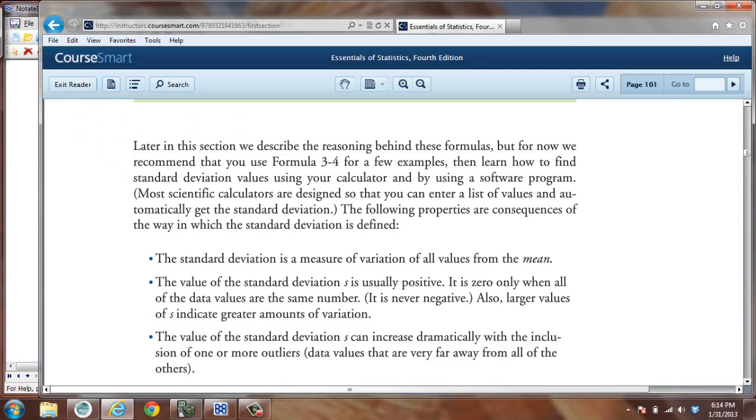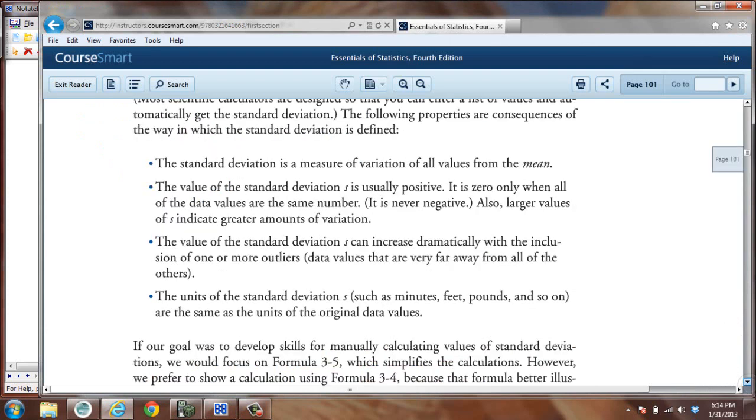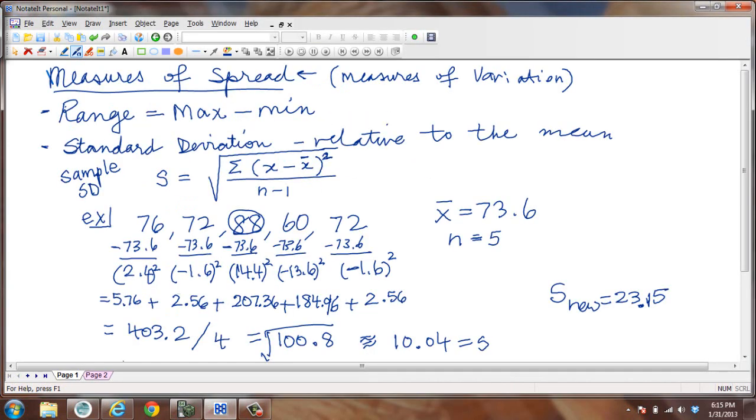And the value of the standard deviation can increase dramatically with the inclusion of one or more outliers, which we just saw. Okay? The units of the standard deviation are the same as the units of the original data values. Okay? So in my example here, all the units here was beats per minute, BPM.